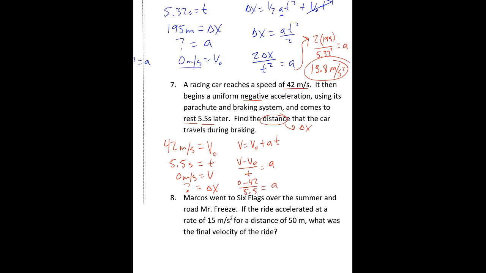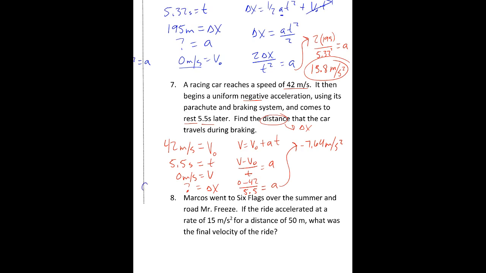So 42 divided by 5.5 comes out to be a negative 7.64. So my acceleration is a negative 7.64 meters per second squared. Now I want to find delta x.